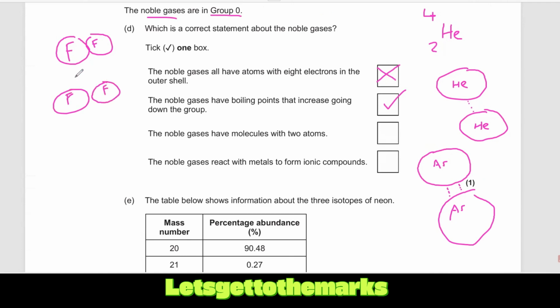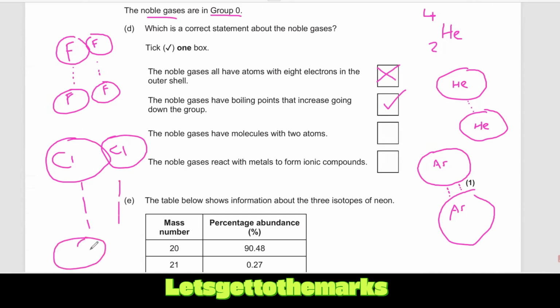If you look at fluorine, the 2 fluorine atoms are bonded together, but there are weak forces that hold the 2 fluorine molecules together, and that's what we need to overcome if we want to turn it into a gas. Now, if we look at chlorine, chlorine is bigger, and so the forces between 2 chlorine molecules are going to be stronger. And that means as you go down group 7, the boiling point increases because you need more energy to break the forces between the molecules.